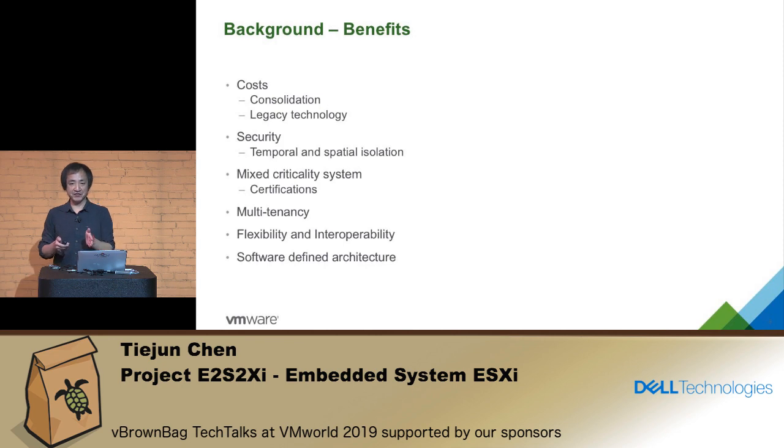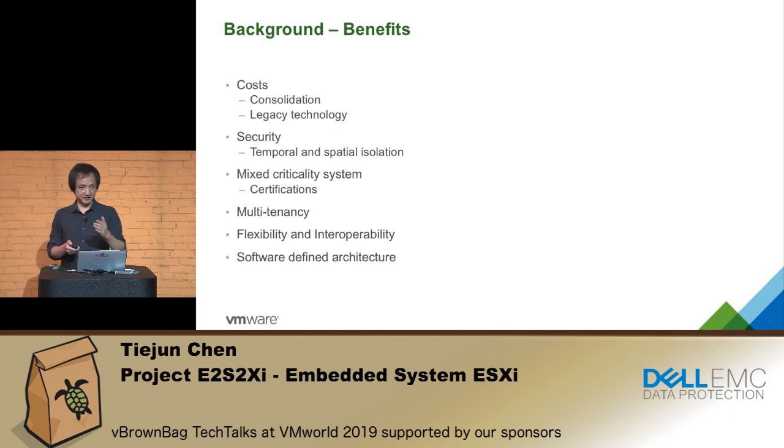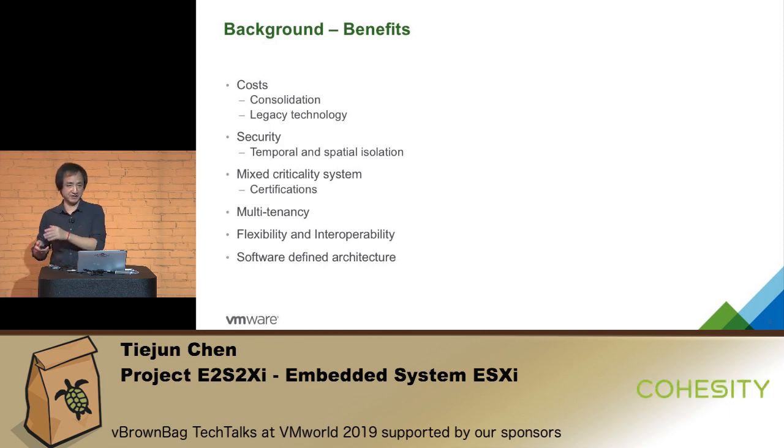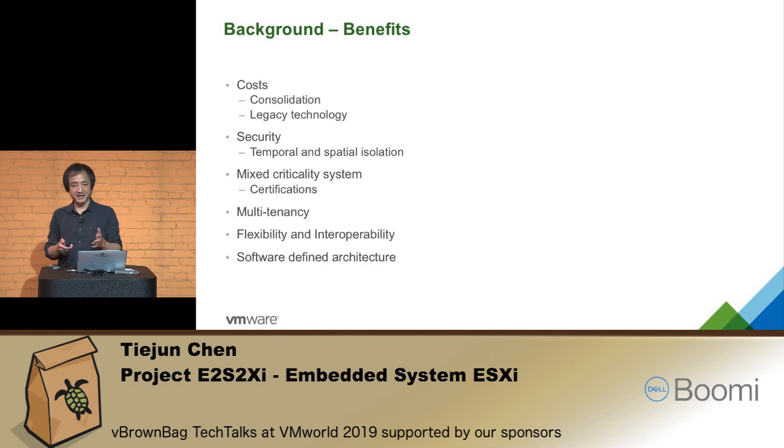Security: a hypervisor can always provide strong isolation between the safety-critical environment and the non-safety-critical environment. In a mixed-criticality system, that means protecting the safety and security parts of the device from other parts of the device. Especially in industrial IoT and automotive systems, there are many rigorous specifications and standards for these devices.